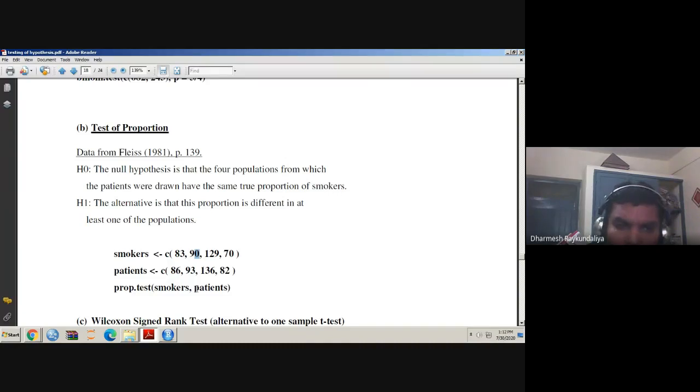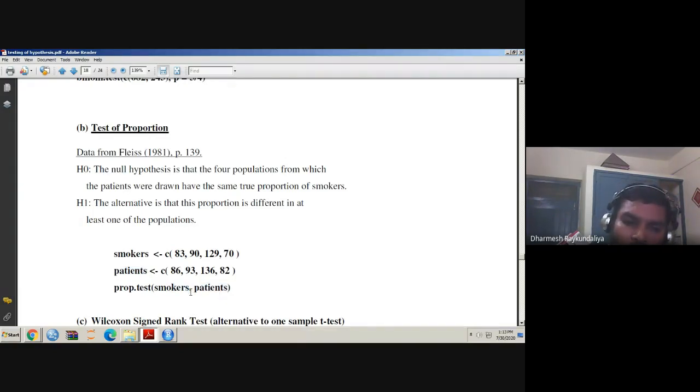So which test am I applying? I am applying the test of proportion, and the name of the function is prop.test. Now, which is your interested study group? Your study group is smokers, from the group of patients. So smokers should be given as the first argument, and patients as the second.